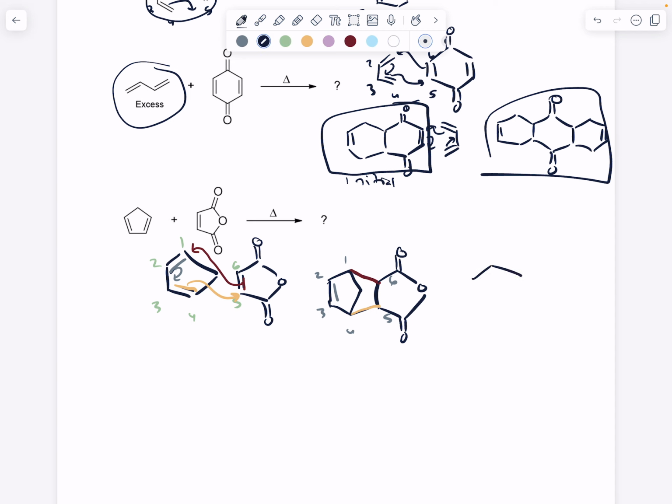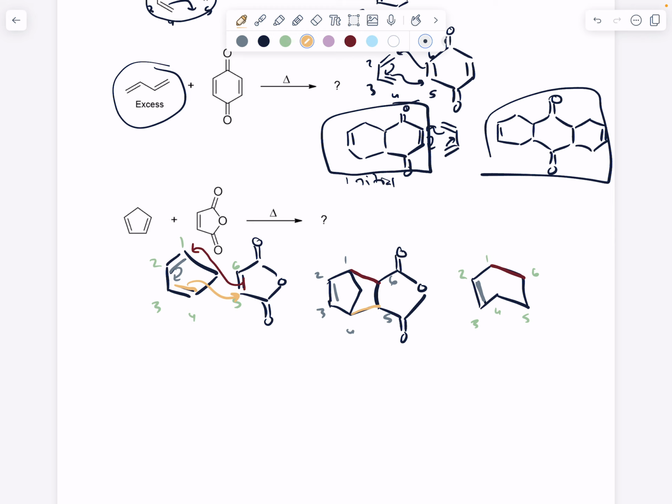Another way that it's often drawn is to make the 6-membered ring look like this. So that's still our 1, 2, 3, 4, 5, 6. The bond between 6 and 1 came from the maroon double bond initially. The bond between 2 and 3 came from the gray bond between 1 and 2 initially.